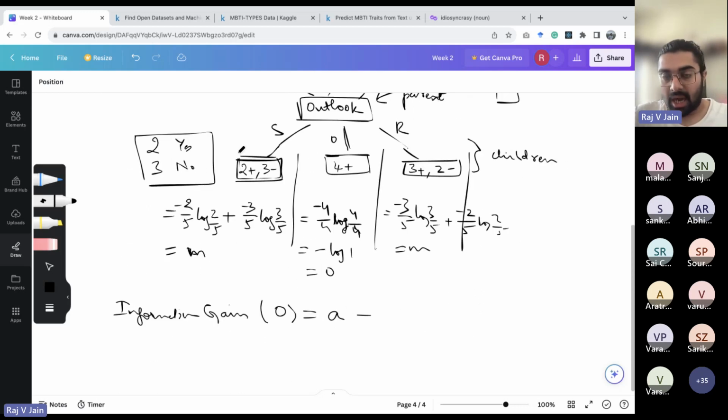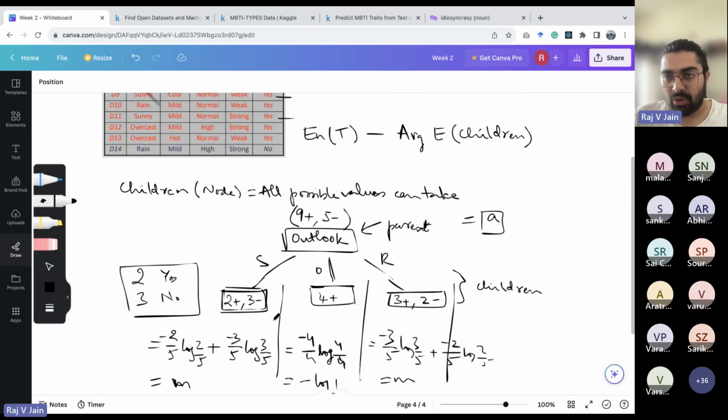Here I have 5 examples out of 14, so its weightage is 5 by 14 of, let's say, this m, plus 4 by 14 of 0, plus this 5 by 14 of m, right? So whatever value you get here, this will be the information gain.